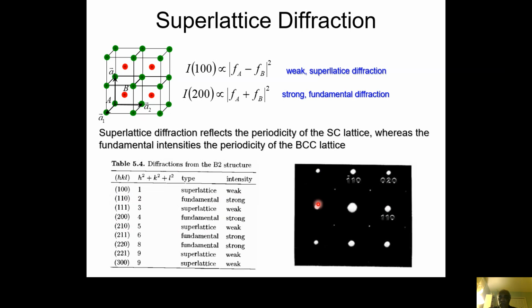So you can see these strong ones are here. It shows fundamental, strong, fundamental, strong, fundamental, strong, these things. But these other ones are weak. These are superlattice. They are coming from FA minus FB. So you need to understand how the superlattice diffraction works.